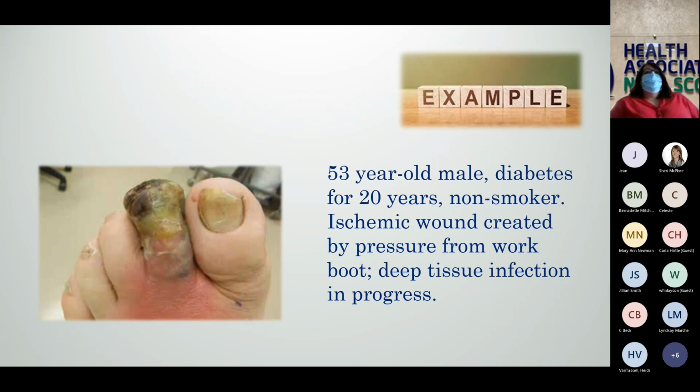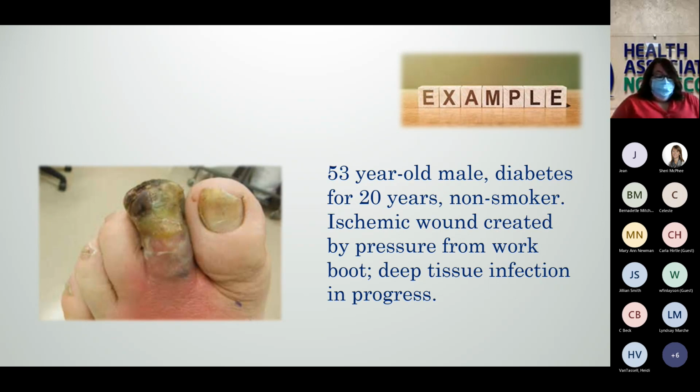Okay, so let's look at some examples for context here. We have a 53-year-old male, diabetes for 20 years, non-smoker, ischemic wound created by pressure from his work boot, and a deep tissue infection is in progress here. The cause of the wound is poor tissue perfusion and possibly diabetic neuropathy.